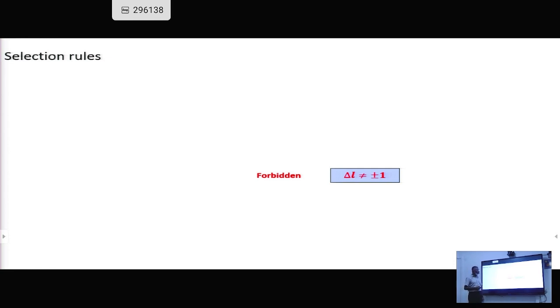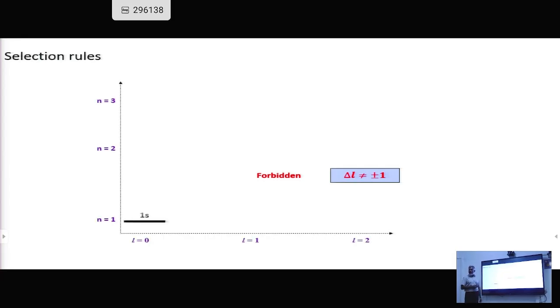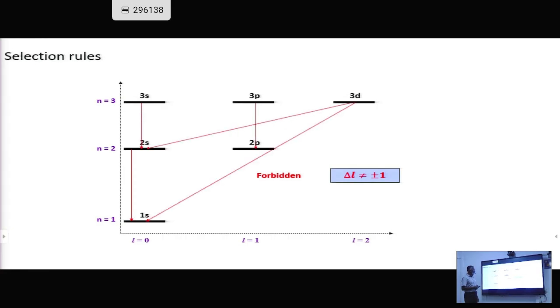Here, these are not allowed, because S means l equal to 0, and Δl equal to 0 is not allowed.